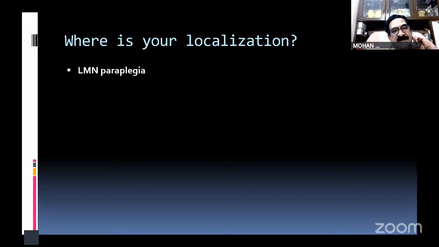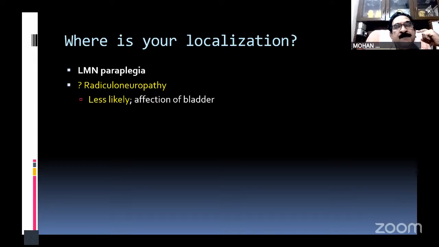So that is correct. Whether it could be radicular neuropathy, that is one common thing you have to consider, but it is very unlikely to be confined to the lower limb alone, to such a degree as to produce zero power without affecting the upper limb. More importantly, the bladder involvement has already been mentioned. So that seems less likely. Now, an extensive cauda equina lesion can produce lower limb weakness and bladder involvement, as well as absent reflexes.